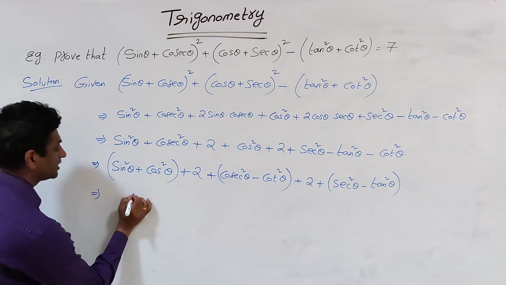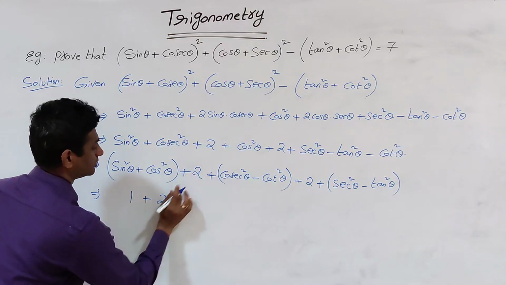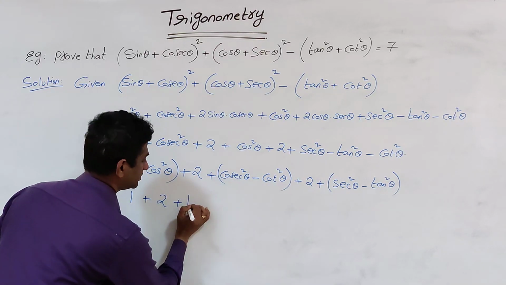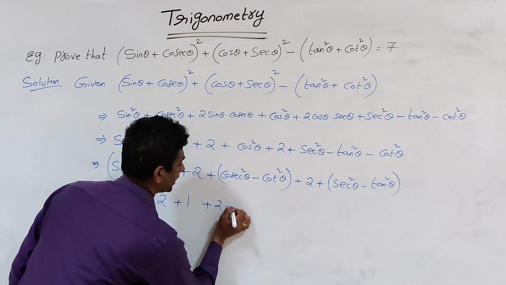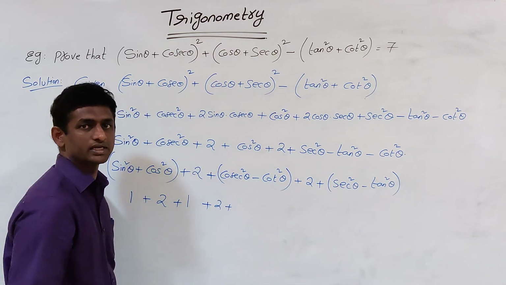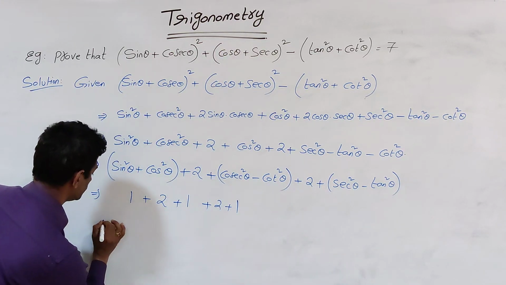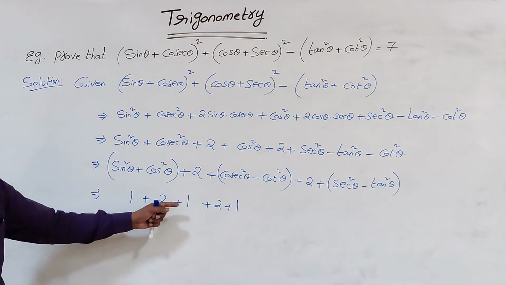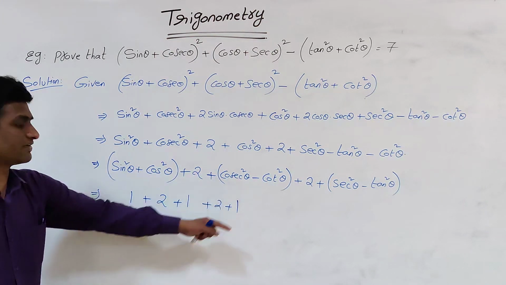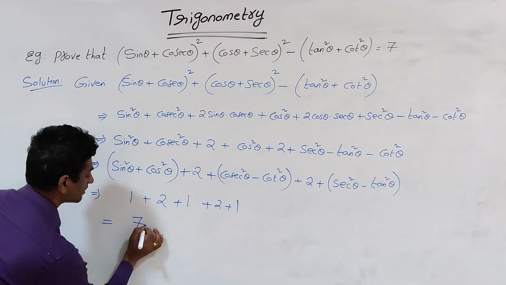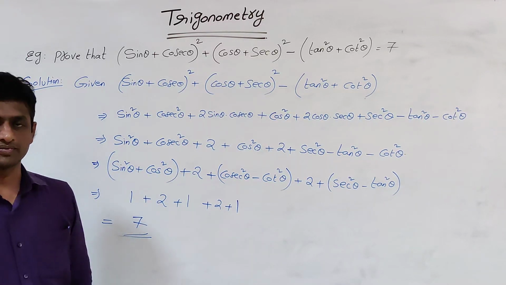So the value is 1 plus 2, and again 1 plus 2, and the secant square theta minus tan square theta value is 1. So it will be 1 plus 2 plus 1 plus 2 plus 1. If you add, it will be 7. So that is the proof.